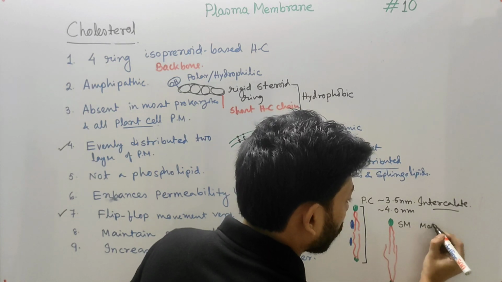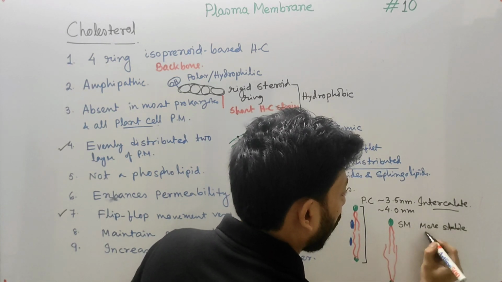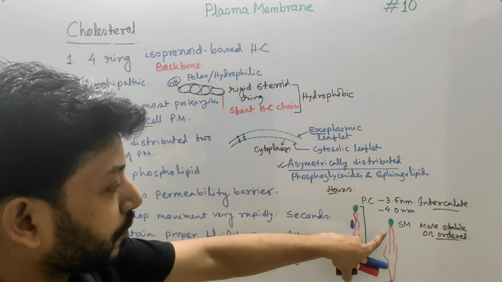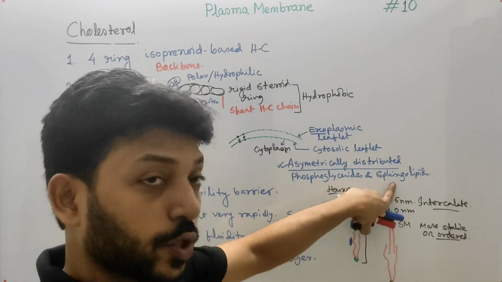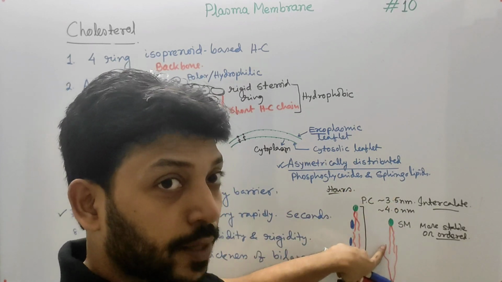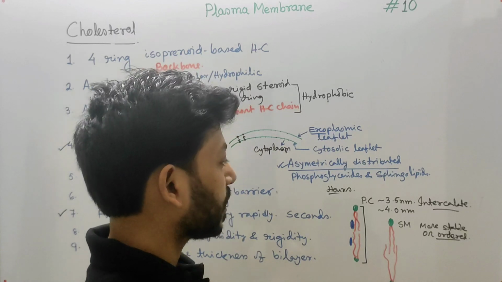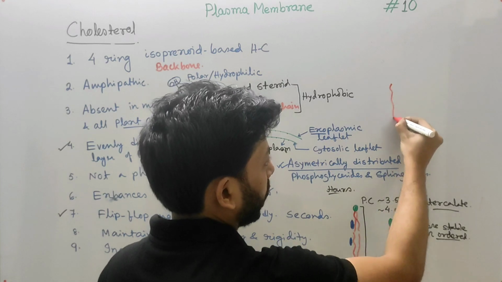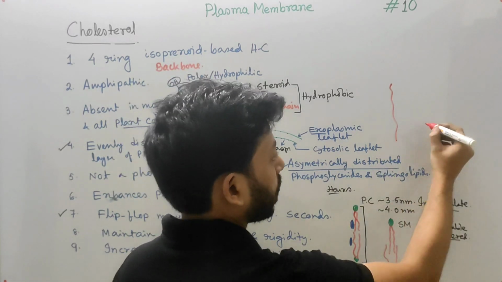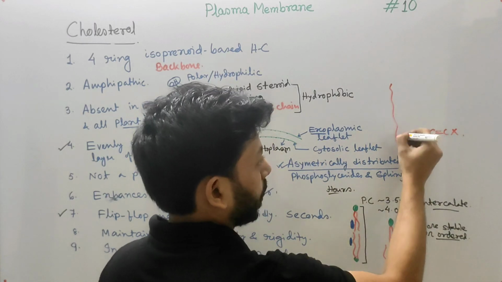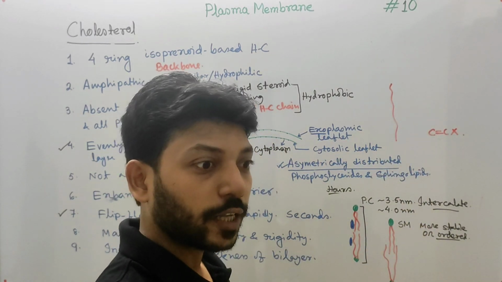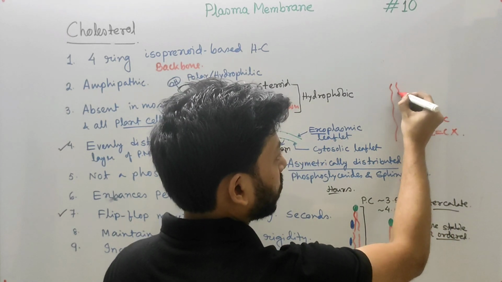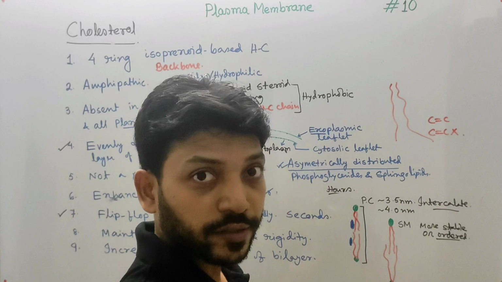So sphingomyelin is more stable or ordered. I have already discussed that the fatty acids present in sphingomyelin or sphingolipids are longer and more saturated. The more saturated the fatty acids are, the straighter they become. A fatty acid with no carbon-carbon double bonds is more straight. If any fatty acid is unsaturated, that means it has a carbon-carbon double bond, then the fatty acid becomes kinked, it bends the structure.